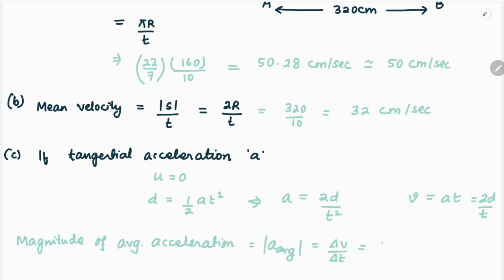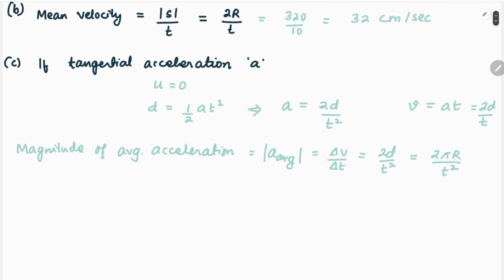So over here we write it as 2d by t into t square, which is equal to 2 pi r by t square. So if we solve this, we obtain 2 into 22 by 7, radius is 160, by t square, that is 100, and on solving we obtain 10 centimeter per second square.